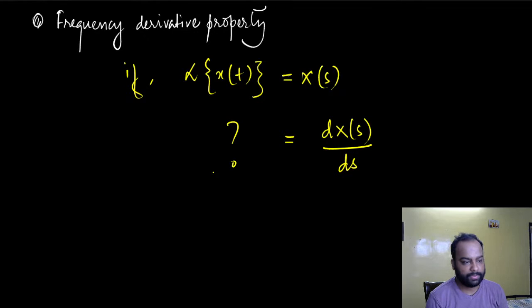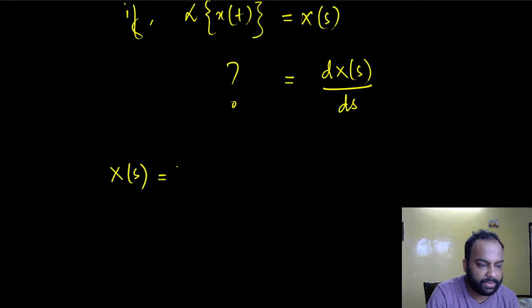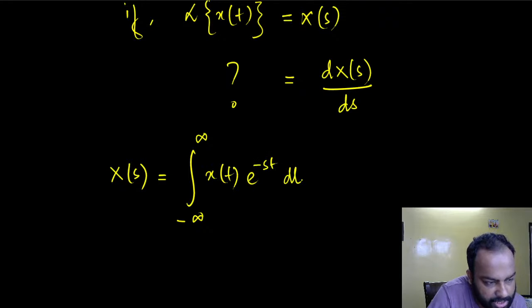This one is again easier to evaluate, because if you recall our very definition, X(s) is defined as the integral of x(t) e to the power minus st dt.